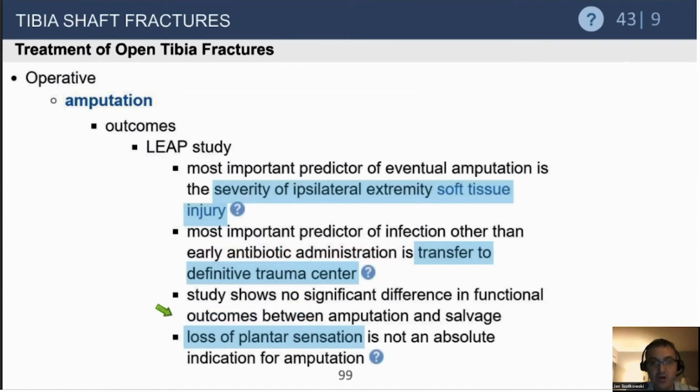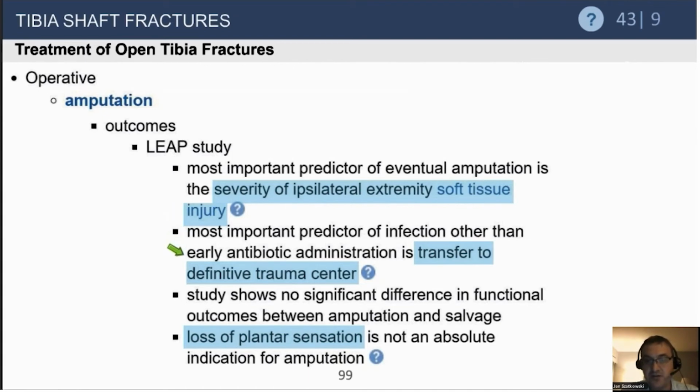And in terms of the outcomes of amputations, if we look at the LEAP study, the most important indicator of eventual amputation is the severity of ipsilateral extremity soft tissue injury. Kind of makes sense, right? Soft tissue injury is going to take hold. The tibia is a relatively subcutaneous bone, so if there are issues there, then we're going to possibly have issues with coverage, infection, non-union, malunion, etc. Most important predictor: transfer to a definitive trauma center.